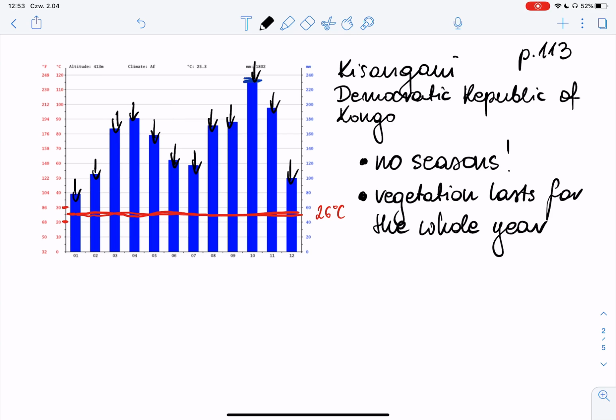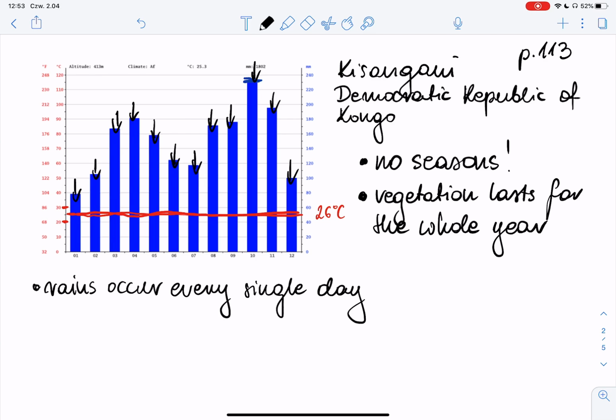Rainforest means that in this forest it's raining absolutely every single day. And actually, there is a specific kind of rain that is present in the rainforest, which is the zenithal rain.